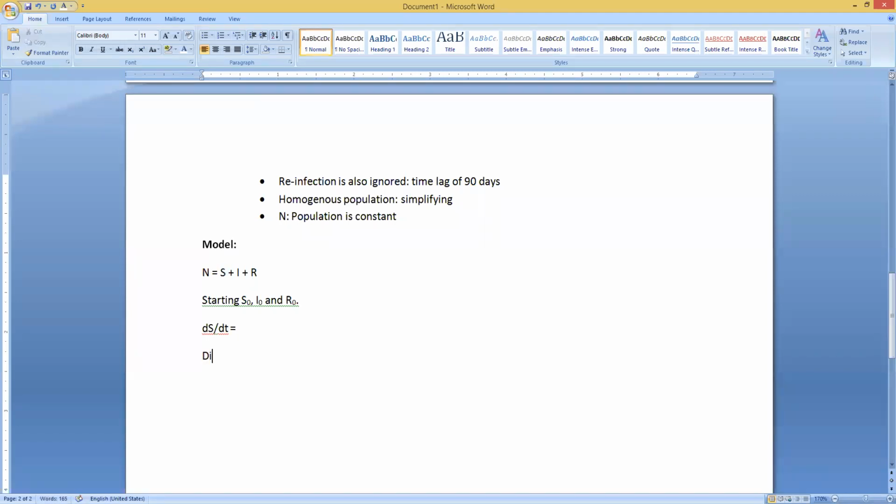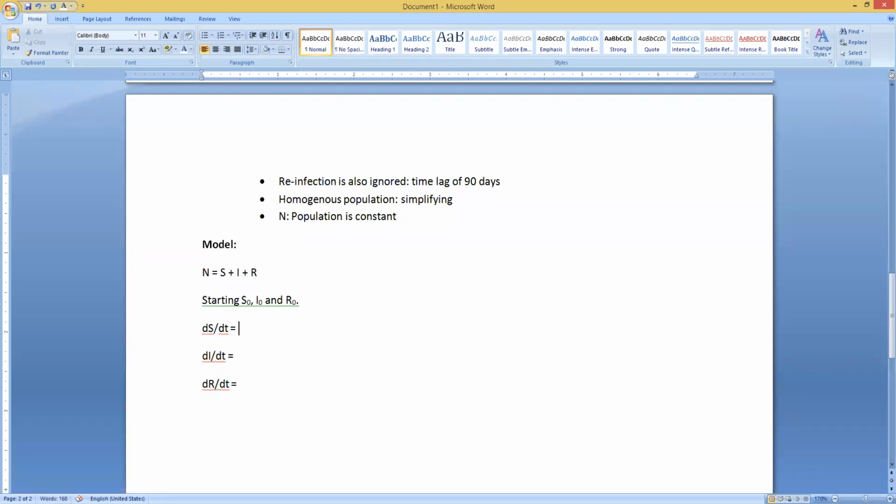The second important is dI/dt. How does the number of infected persons change? So this is the spread of COVID. And lastly, we have dR/dt. What is the recovery part? So we have three equations which define how the three variables that we are interested in move over time.